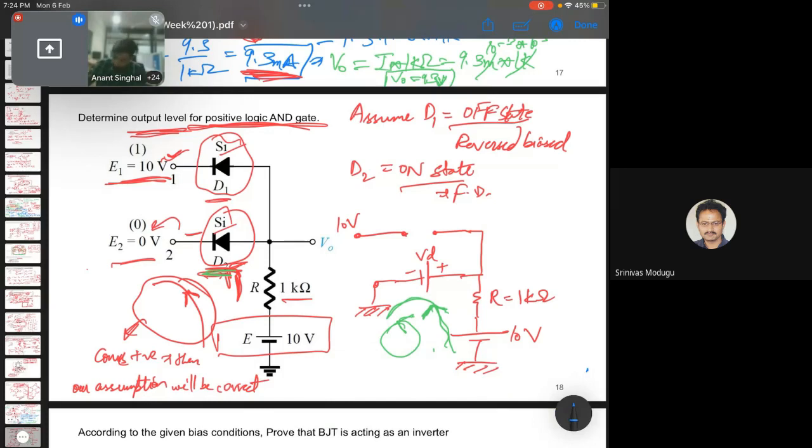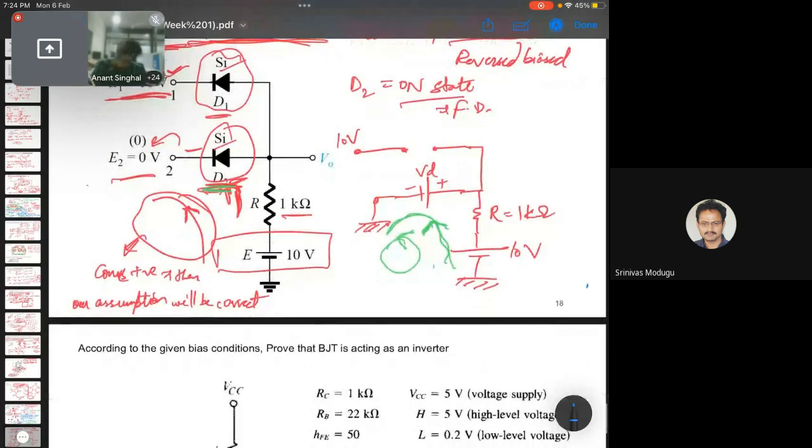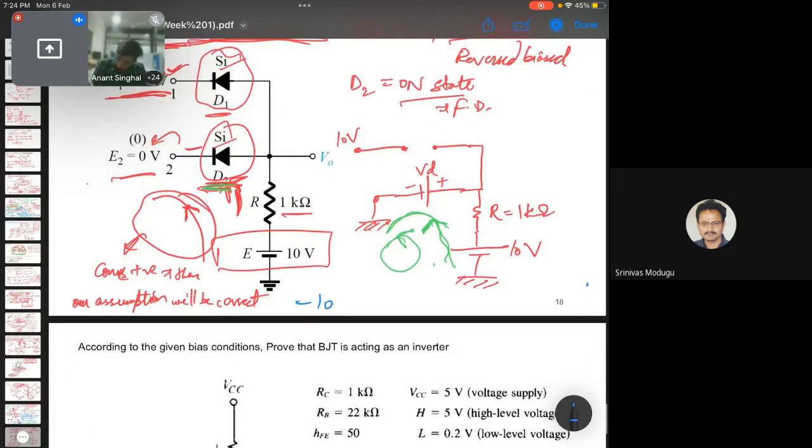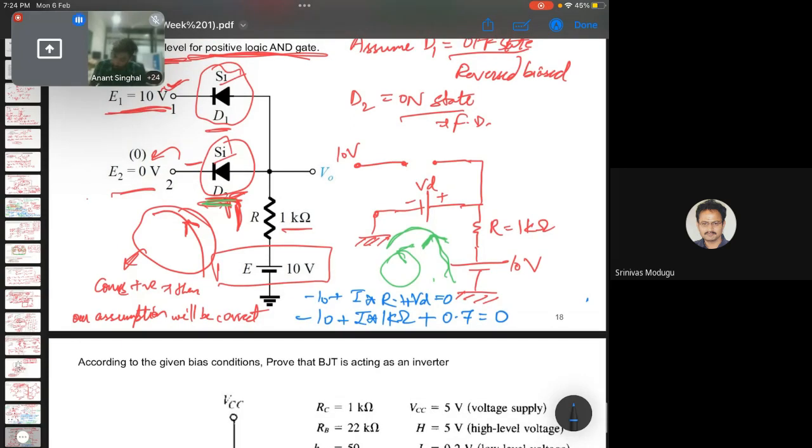Again, we are applying KVL, so we can write minus 10 plus I into R, which is 1 kilo ohm, plus VD equals 0. So this is minus 10 plus I into 1 kilo ohm plus VD, which is 0.7, equals 0. I hope this is clear.